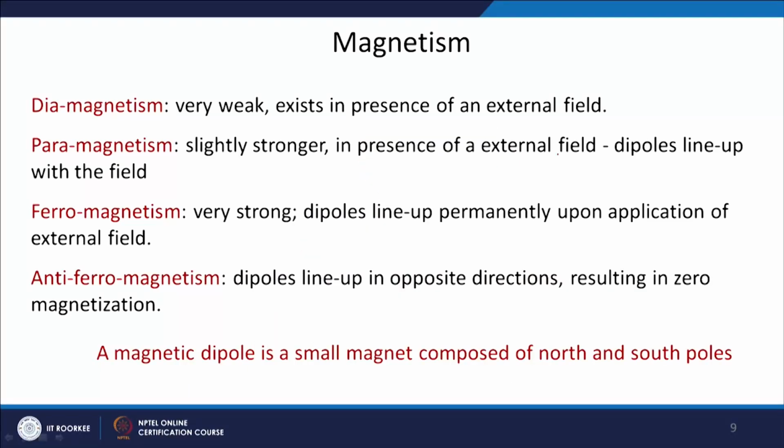Then there can be paramagnetism, slightly stronger than diamagnetism. In presence of external field, dipoles line up with the field. So, again in the presence of external field, you will see some magnetism, it will be slightly stronger than diamagnetism.